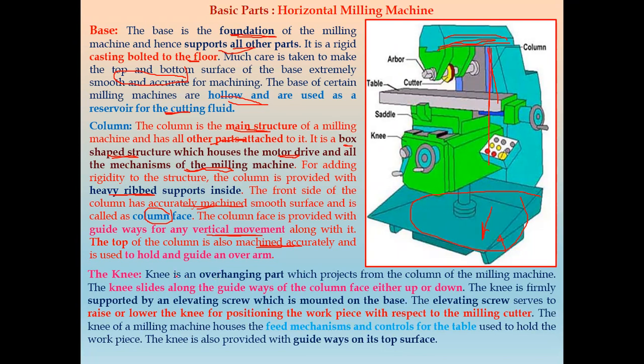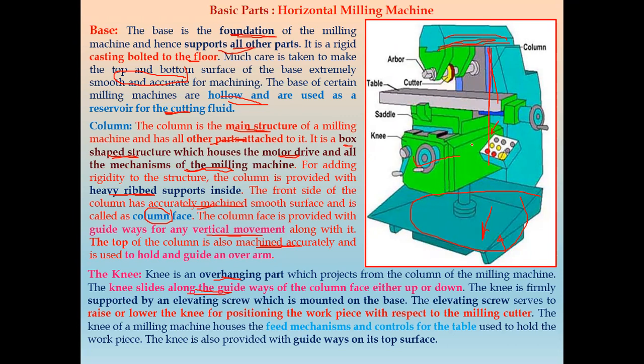The knee is an overhanging part. It is an overhanging part which projects from the column. One end of this knee is connected to the column. The knee slides along the guide way of the column face, up and down.